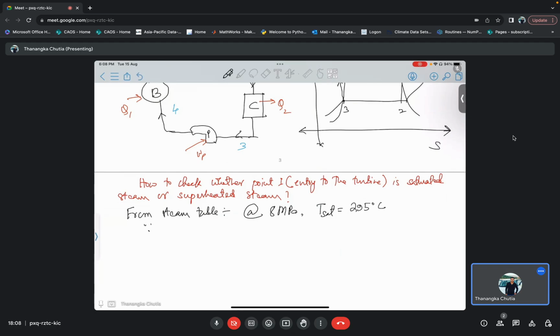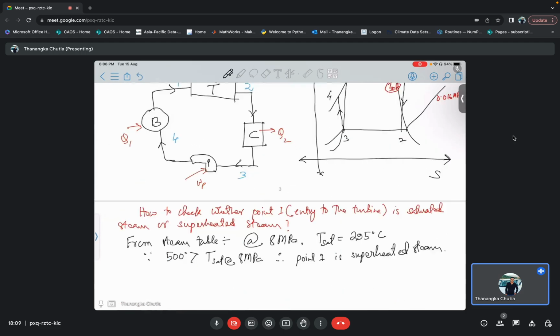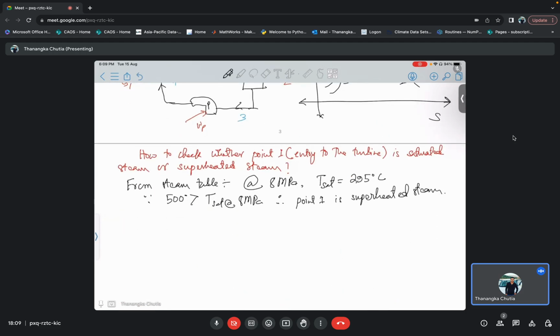Now since 500 degrees Celsius is greater than T saturation at 8 megapascal, therefore point 1 is superheated steam. Okay, so now we will go to the superheated steam table, and there corresponding to 8 megapascal and 500 degrees Celsius, we will see the value of H, we will see the value of S, whatever we need.